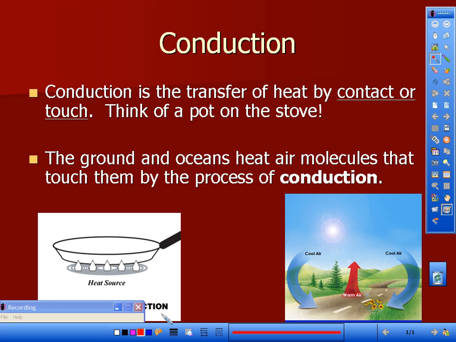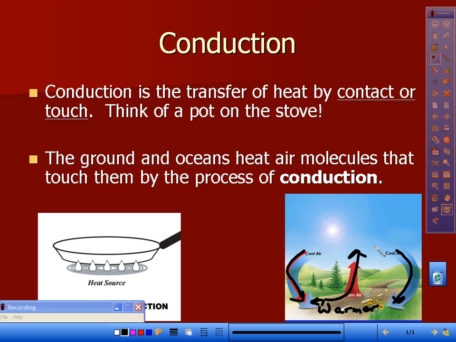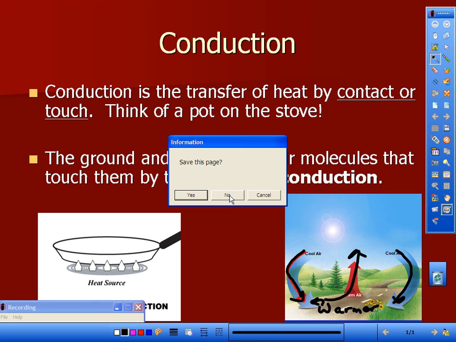If I have cool air that is sinking down, since heat always moves from hot to cold, if this land here is warmer, the warmer land is going to touch the cooler air, it's going to heat it up, and it's going to cause it to rise. Okay? So that's another way that heat moves around.